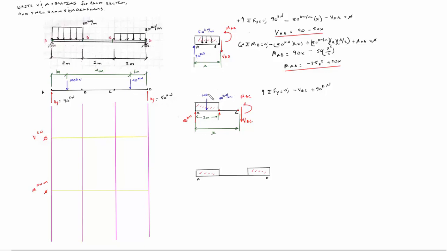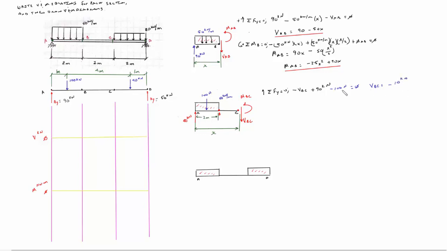This would actually be 100 kilonewtons here. So we'd actually subtract 100 kilonewtons. It's all equal to 0. So our shear would then be, take this to the other side, that's going to be positive, and then I'm going to have 100 plus 90, which is going to be negative 10 kilonewtons.